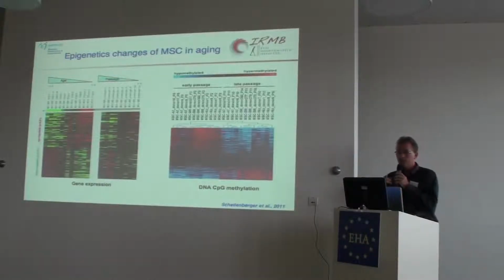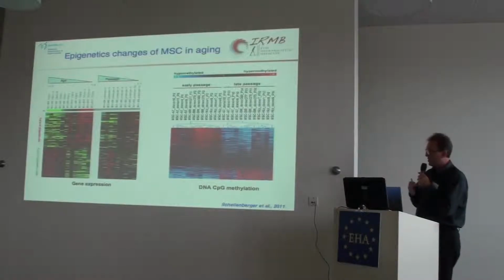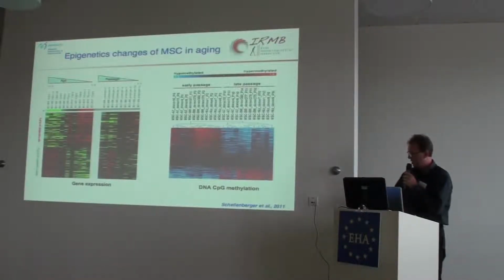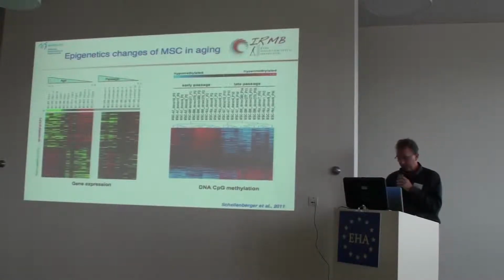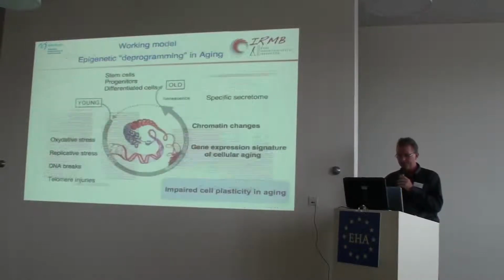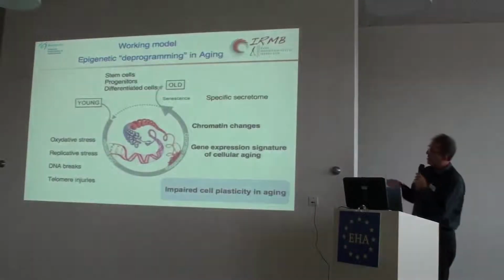So when the cell ages and loses its proliferative capacity, it's probably due also to modification of the gene expression profile due to methylation or chromatin modification. And this is our working model.